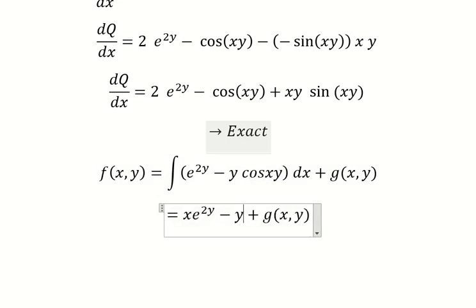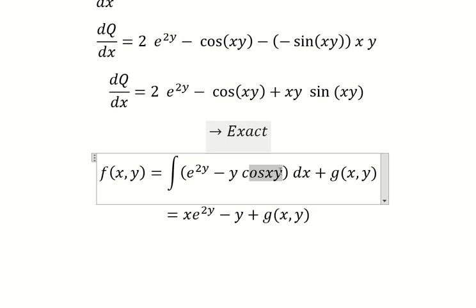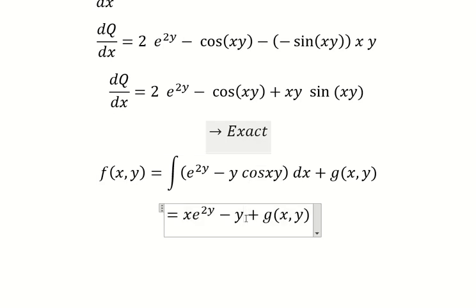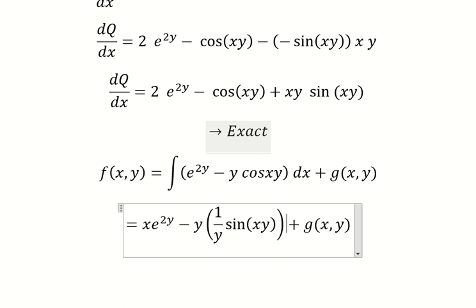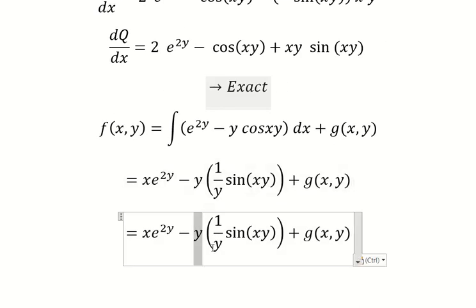So in this case, the integral of cosine xy, we have 1 over y sine of xy. Because if we do first the derivative of sine xy, you got y cosine xy, and later that we can simplify y in here. So y divided by y.